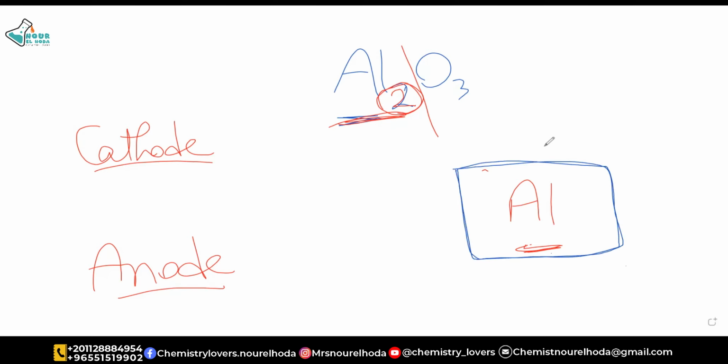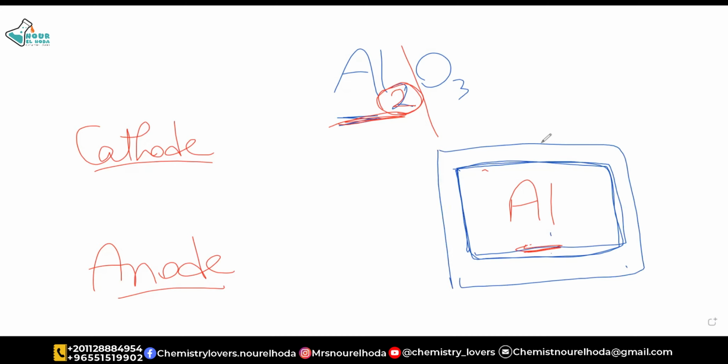I'm going to say because the aluminium surrounds itself by a... Exactly, because aluminium is very reactive, it automatically reacts with the oxygen and forms an oxide layer. This oxide layer is what?